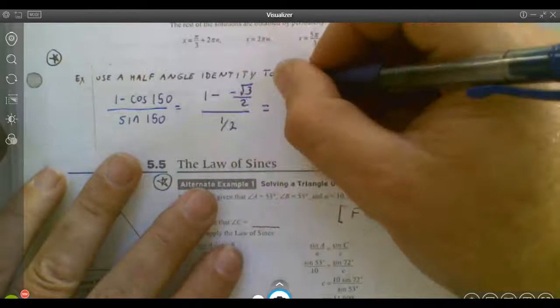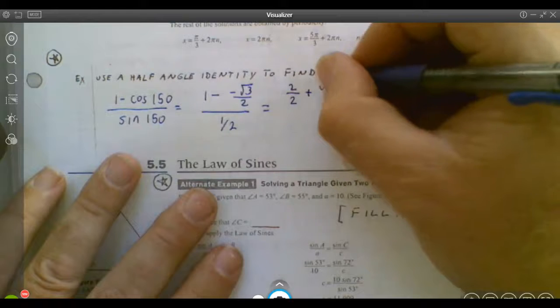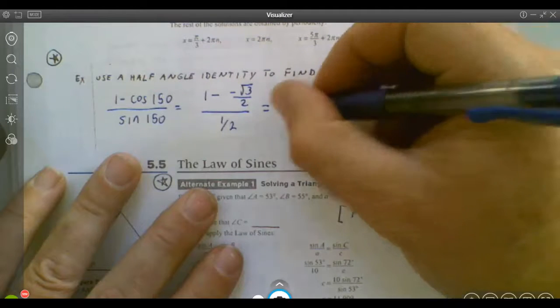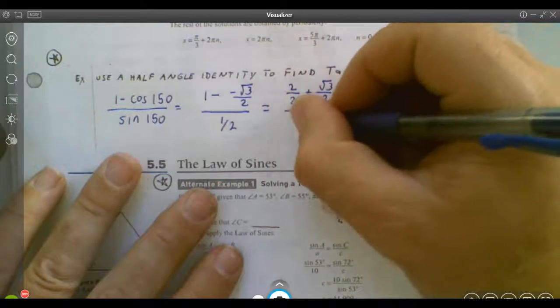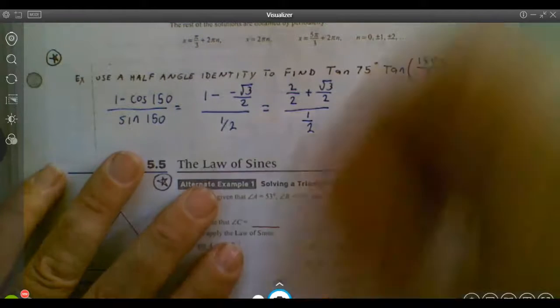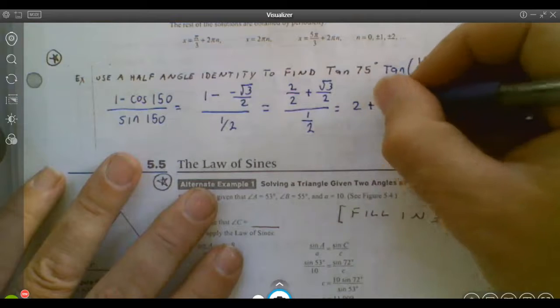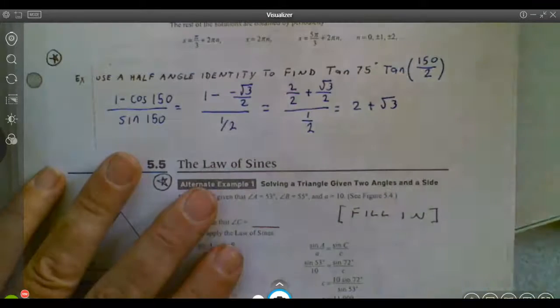I'm going to use some common denominators up here. On this one, if I just multiply everything by 2, it's going to be a nice and simple solution for us, and that would be it.